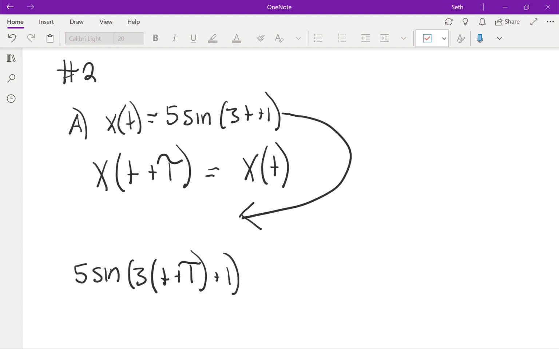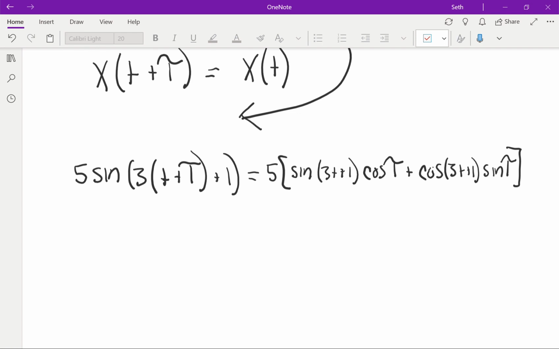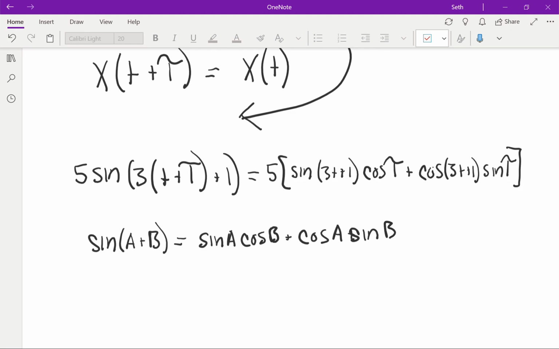And we can write this using a trigonometric identity as 5 times sine 3t plus 1 times cosine tau plus cosine 3t plus 1 times sine tau, and the trigonometric identity is of course going to be sine A plus B equals sine A cosine B plus cosine A times sine B.